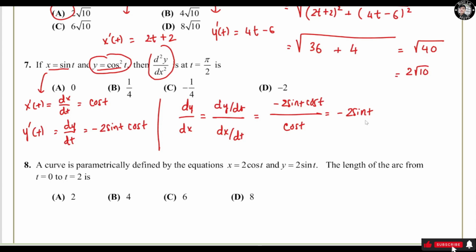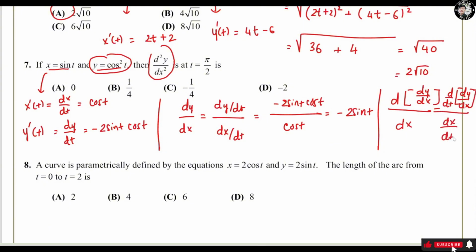Now we need to take the second derivative, right? So it's going to be d of dy over dx over dx, right? Divide the top and bottom by dt. So you have d over dt of dy over dx divided by dx over dt, right?